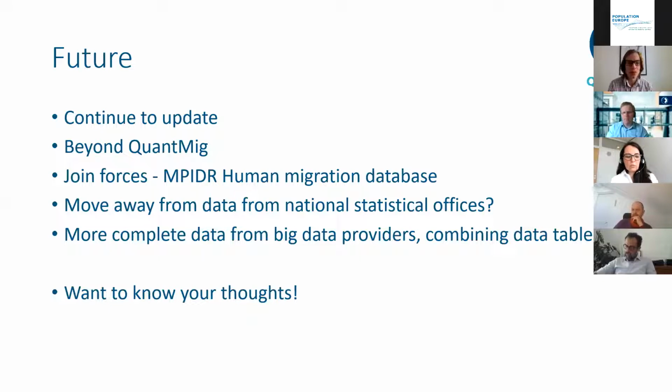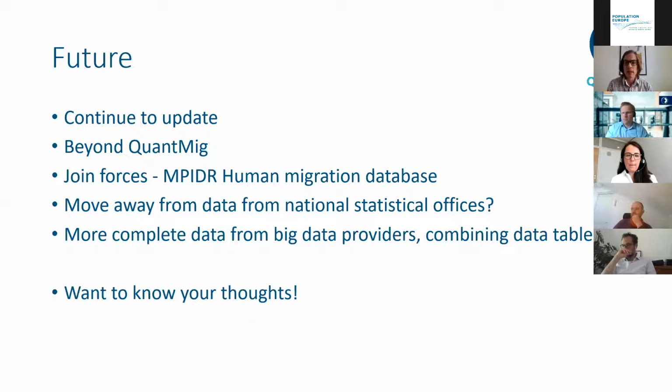For instance, we're talking with the Max Planck Institute, whether we can work together on their idea for the human migration database. But in general, we should think about institutes working together to make sure that this sort of data inventory continues to exist, and that we do not have to start from scratch again a couple of years later when we realize that we need this.